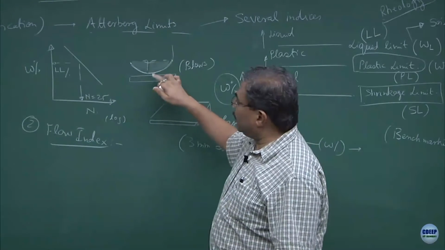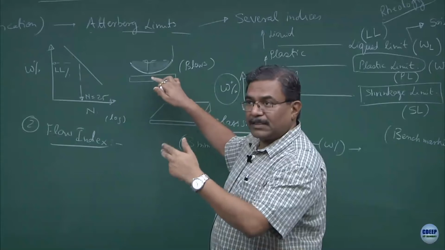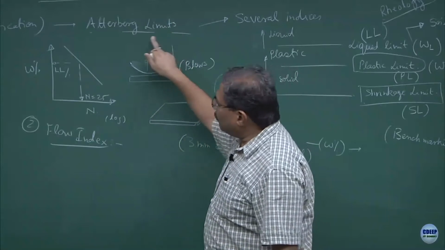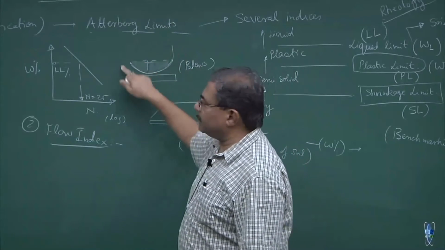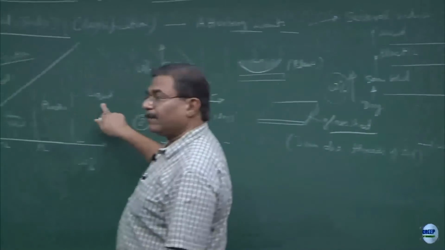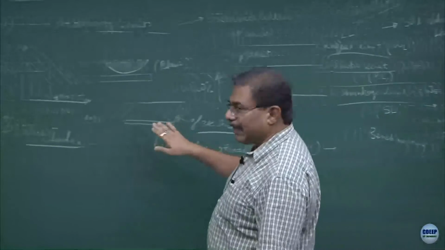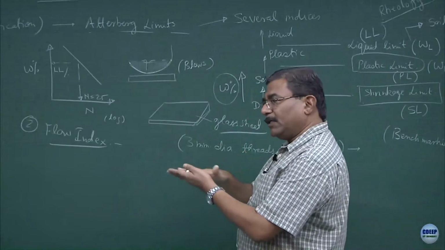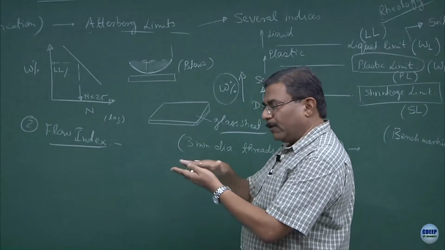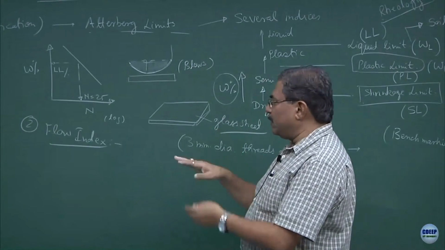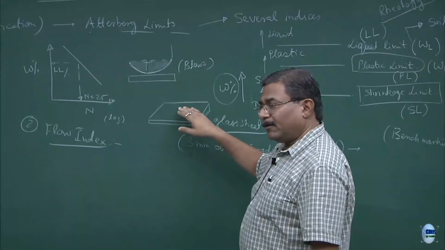Clear? So this is a sort of mechanical property of the material, liquid limit. Here also, in plastic limit I was telling you to take soil and roll it into threads. So you are allowing very gentle deformation and heating from your fingers.